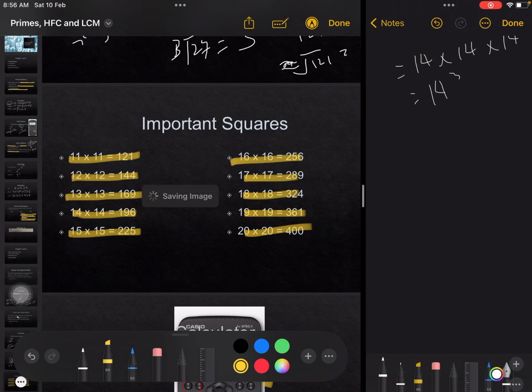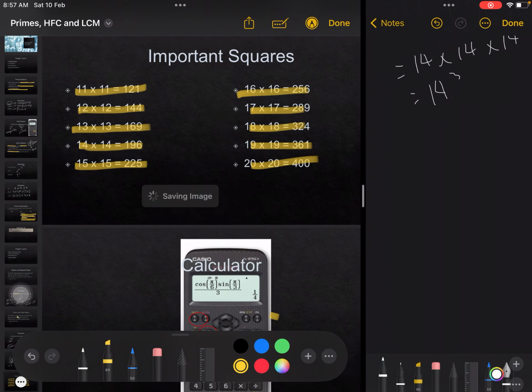I'm not asking you to know more, but for your secondary school you need to know until 20 squared. This will definitely benefit you throughout your secondary school math. Make some effort to remember these 20 equations.